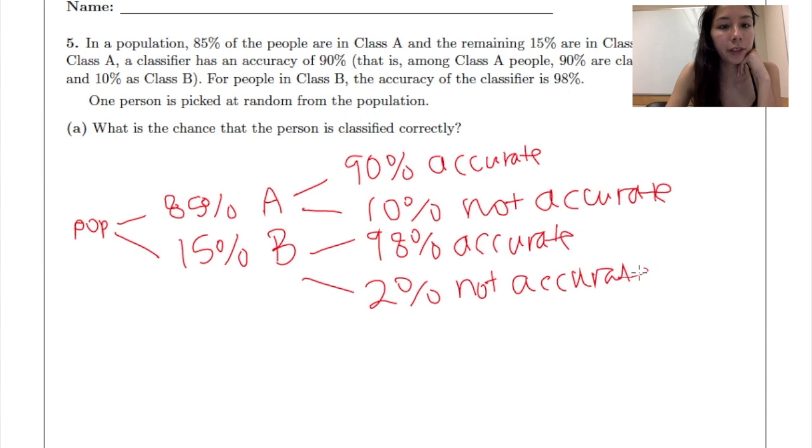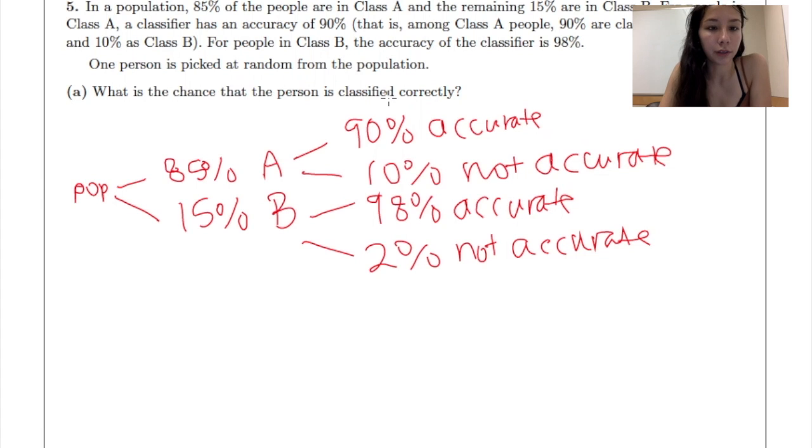One person is picked at random from the population. What is the chance that this person is classified correctly? So if we look at this diagram that I drew here, the people that are going to be classified correctly out of the population are the ones with the accurate descriptions.